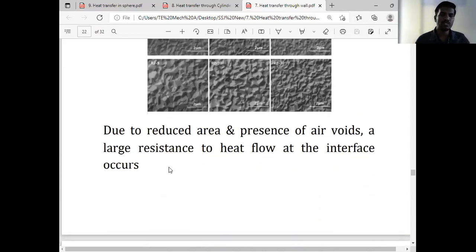Okay, so write down, due to reduced area and presence of air voids, a large resistance to heat flow at the interface occurs. ओके, जे काही इंटरफेस असणार आहे त्याच्यामध्ये रेजिस्टन्स ऑकर होणार आहे. ओके, सो दिस इज द मीनिंग ऑफ दॅट.